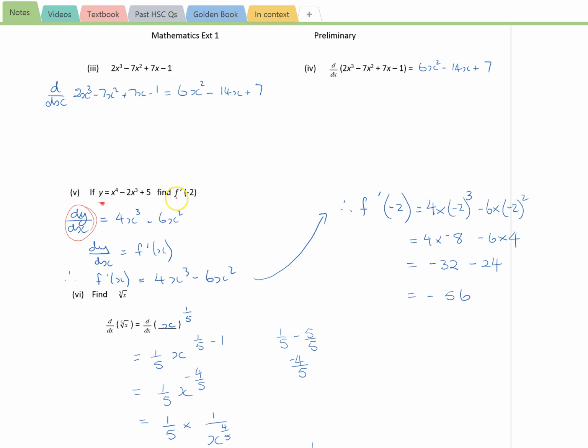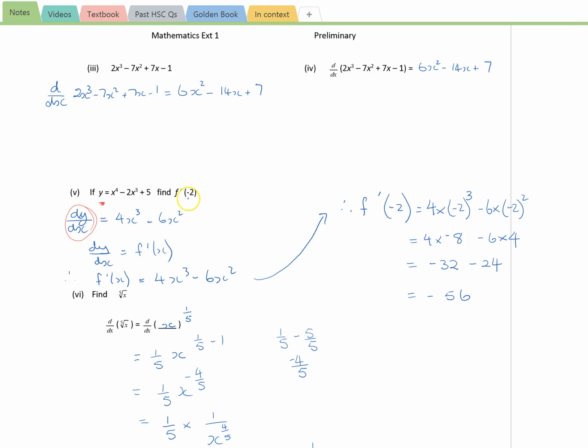However, they go on in the question to say find f dash negative 2. We can understand what they mean. Find the value of the gradient when x is minus 2. And I guess that's the drawback when you use dy dx and you want to then talk about the gradient.